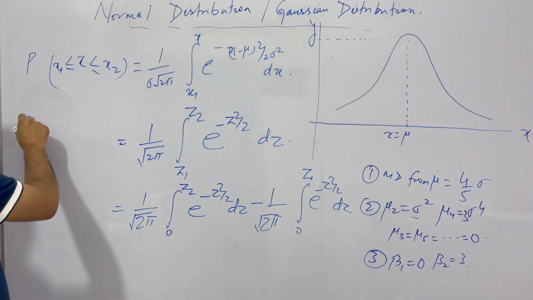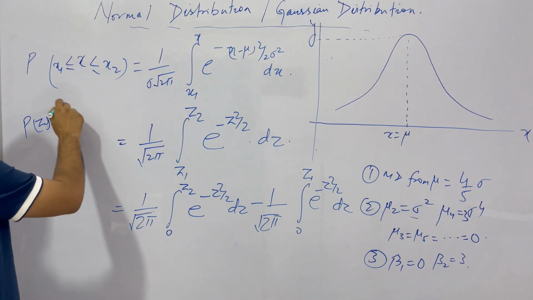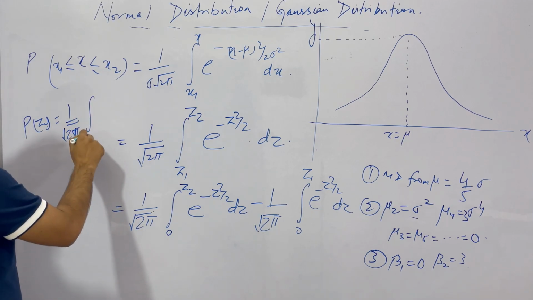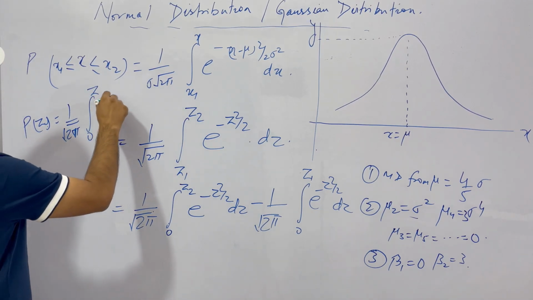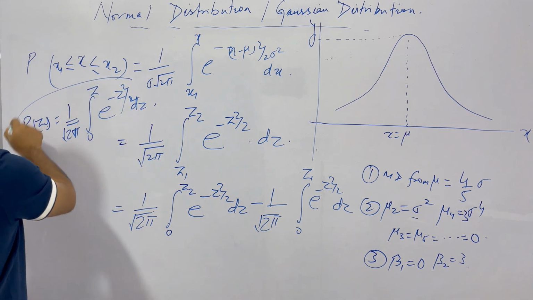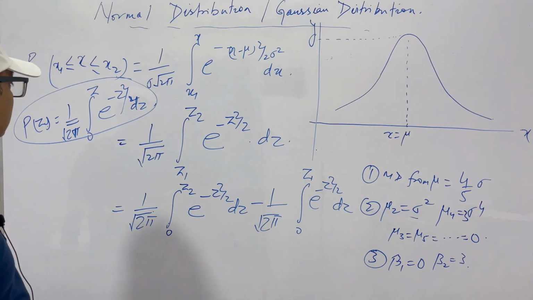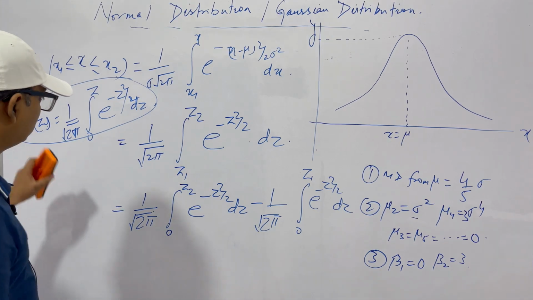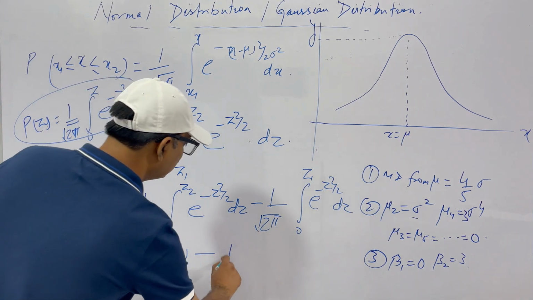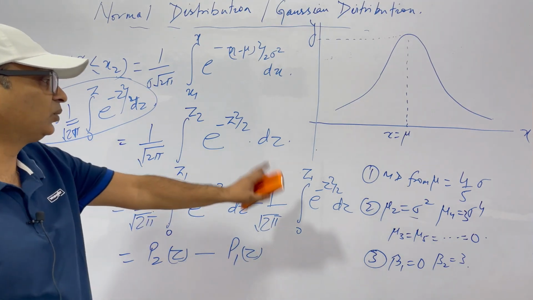Now the function is written as P(z), equal to 1 by root over 2 pi integral from 0 to z of e to the power minus z square by 2 dz. This function is called P(z), the probability integral or error integral, or error function. So it is written as P2(z) minus P1(z), where P2 means 0 to z2 and P1 means 0 to z1.